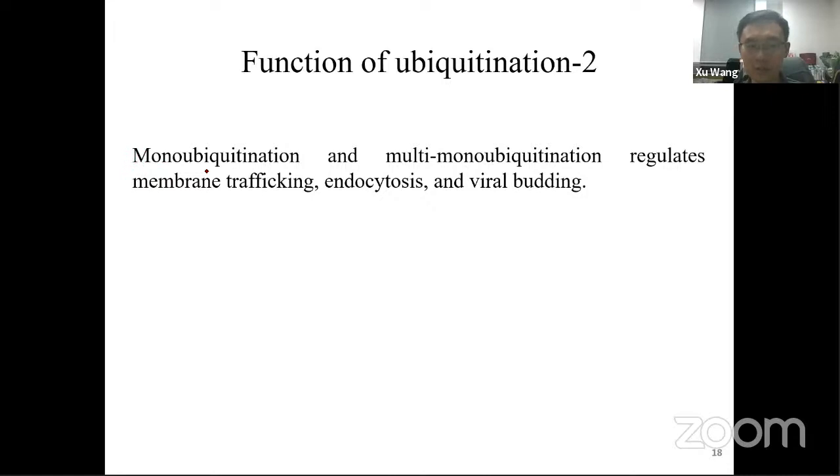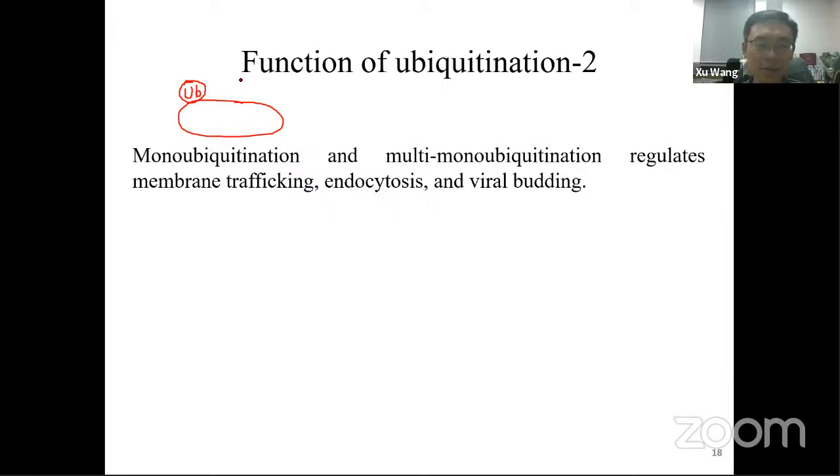monoubiquitination. What is monoubiquitination? This is a protein substrate, and if only one molecule of ubiquitin is attached to the protein substrate, then this is called monoubiquitination.